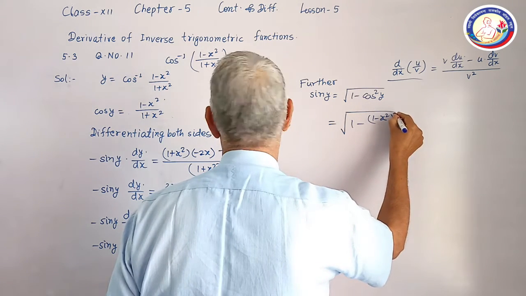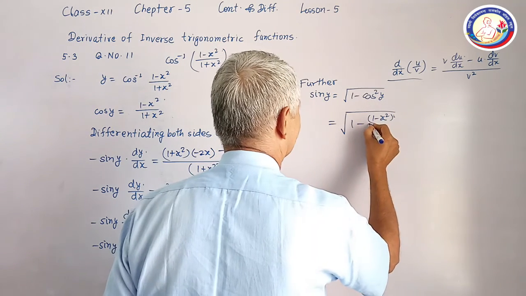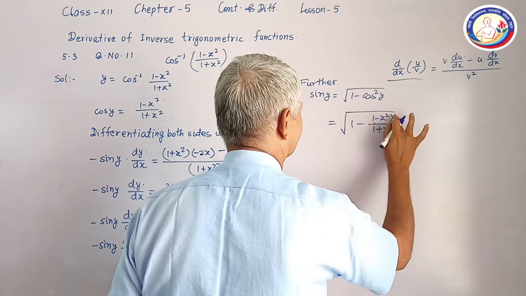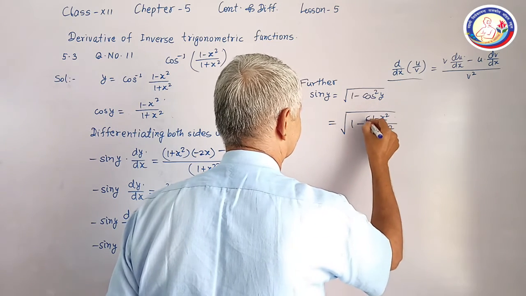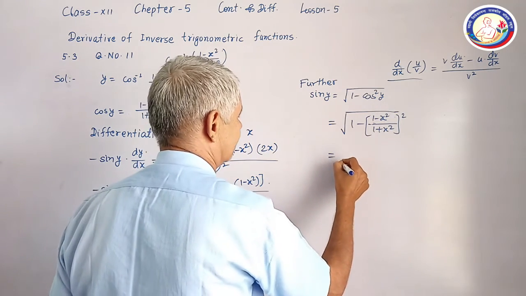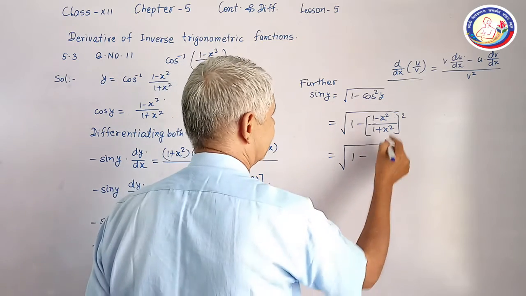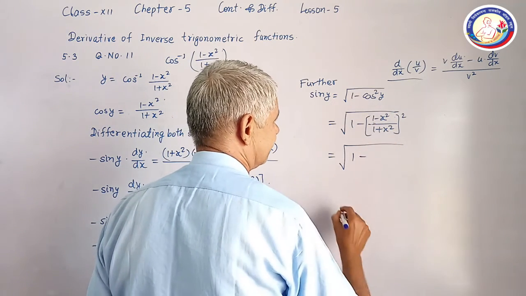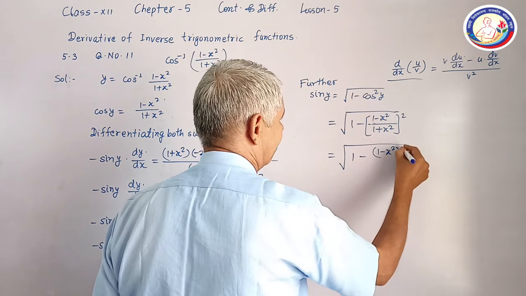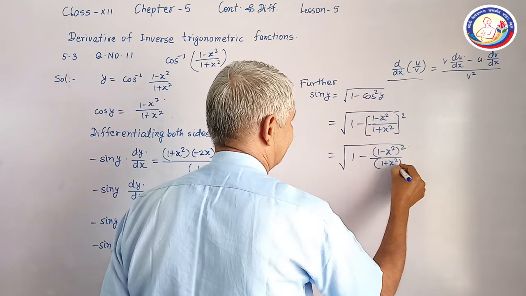It will be square root of 1 minus, put this value here, 1 minus x square divided by 1 plus x square, and then whole square of this. So square root of 1 minus the square of this: 1 minus x square whole square over 1 plus x square whole square.